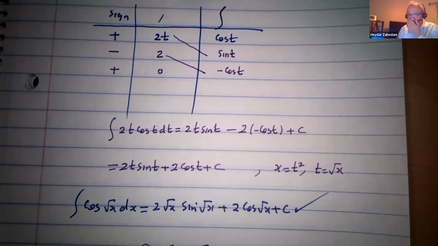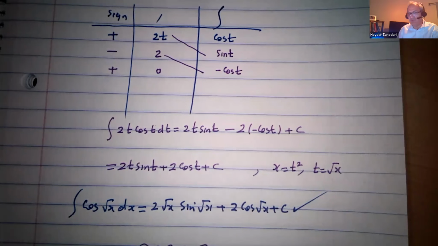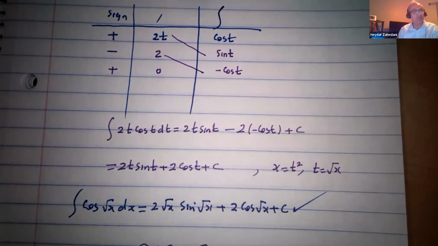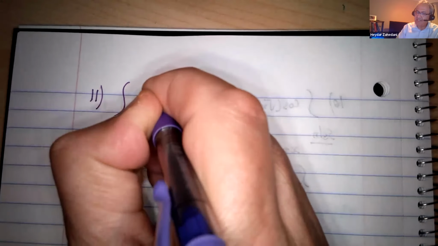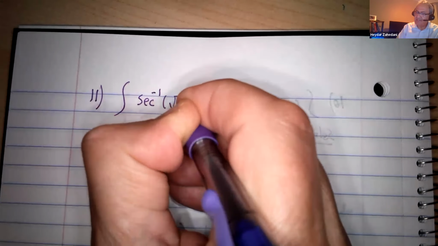I didn't do the secant inverse for you, but I do the secant inverse of the radical x, which is a very popular problem. So be careful. You will see it later on in the various practice problems that we give you.